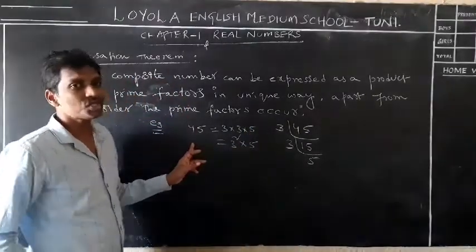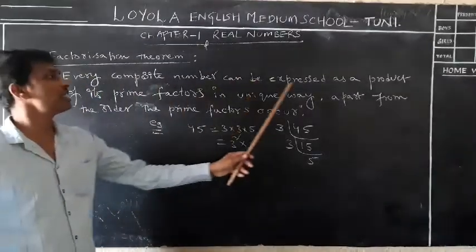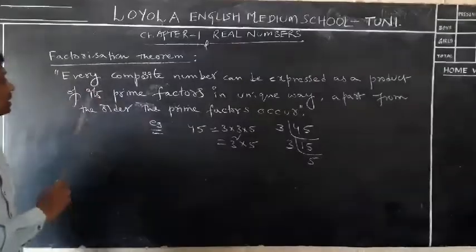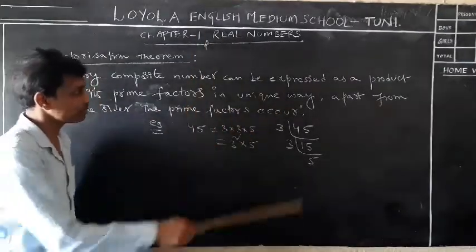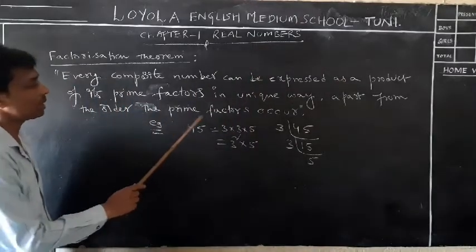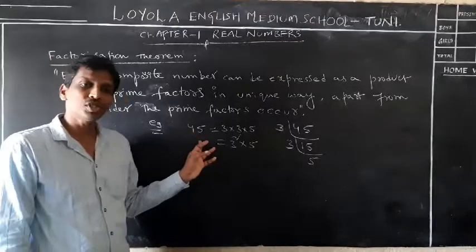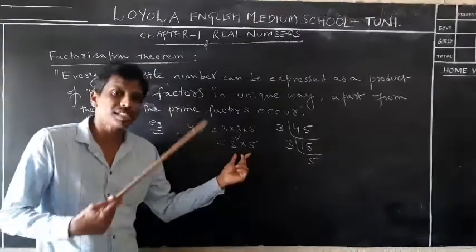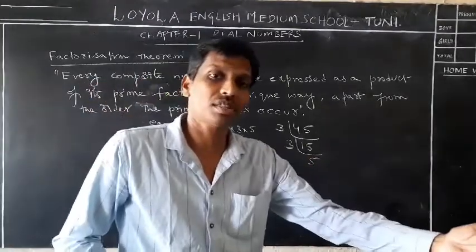Now, hope it is clear to all, every composite number can be expressed as its prime factors in a unique way, apart from the order in which the prime factors occur. See, 45 is a composite number. Are we able to express this 45 as the product of prime factors or not? Yes.